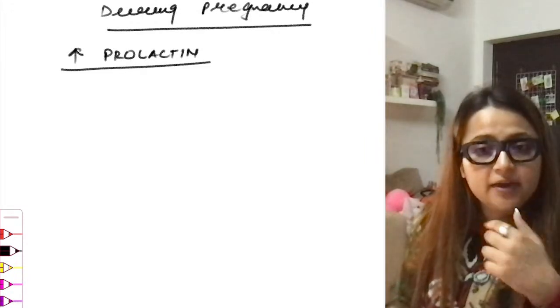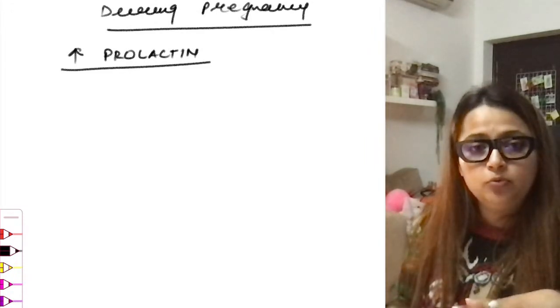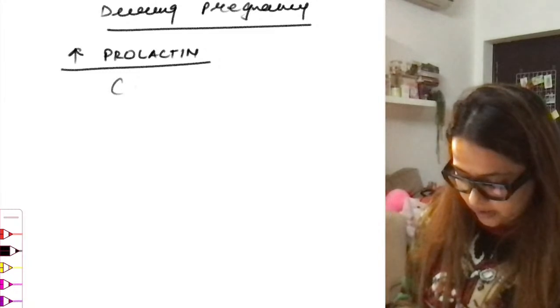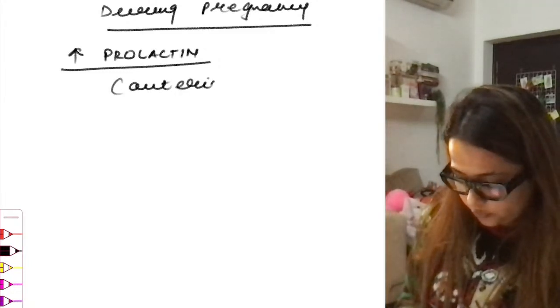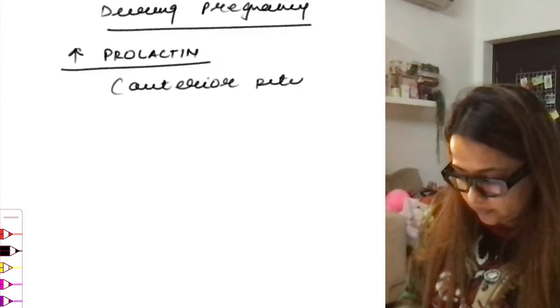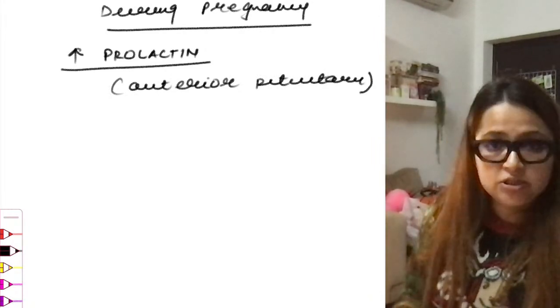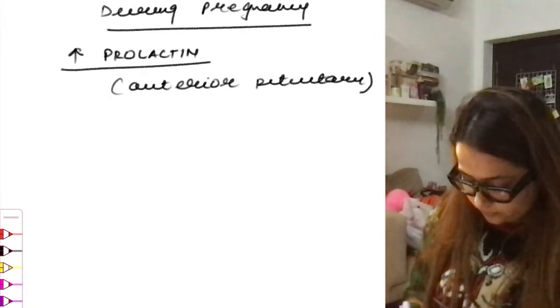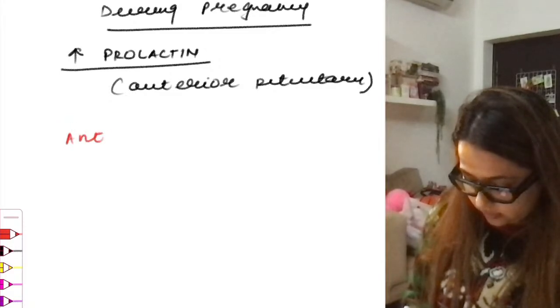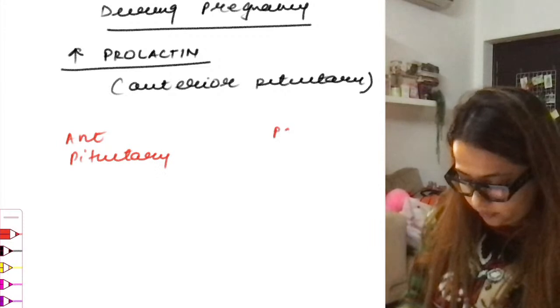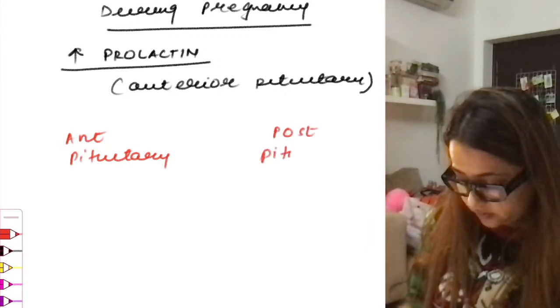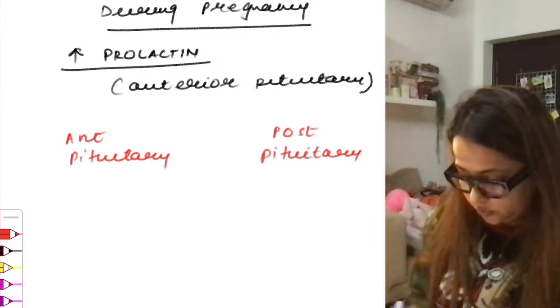Remember, prolactin is the hormone coming from the anterior pituitary. This is basic physiology: you should at least know the hormones coming from the anterior pituitary and the hormones coming from the posterior pituitary. You are required to know this.